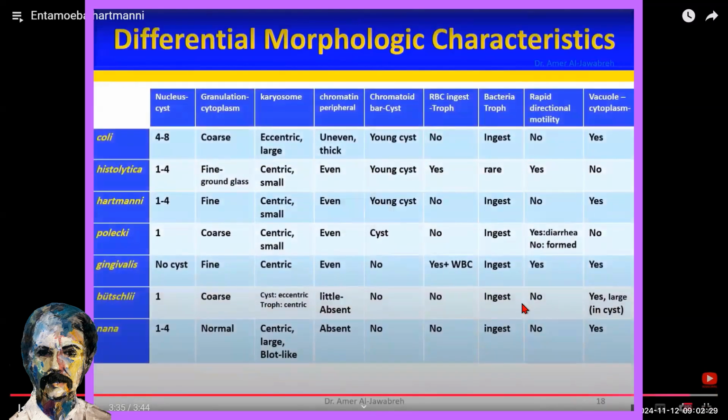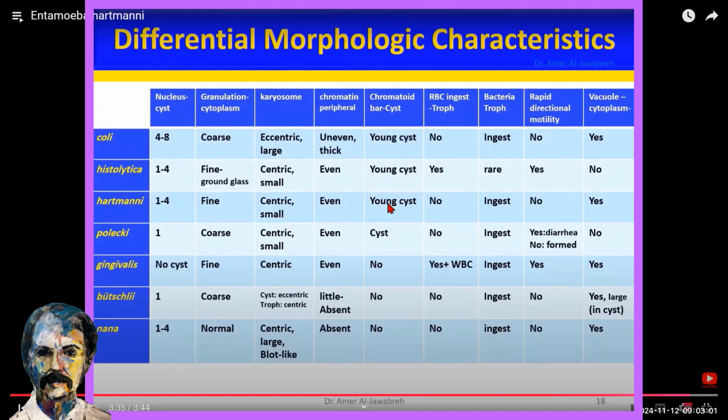This table here is a comparison table, you can see all the characteristics of all the GI tract amoebas. So histolytica 1 to 4, hartmanni 1 to 4. Fine granulations in the cytoplasm, like ground glass, a glass that has been ground into small pieces like flour. Fine, centric, the karyosome. Chromatin evenly distributed in both. Chromatoid bar in young cyst here.